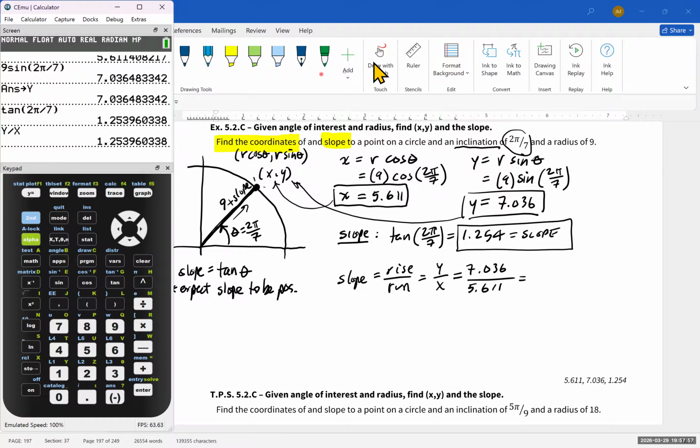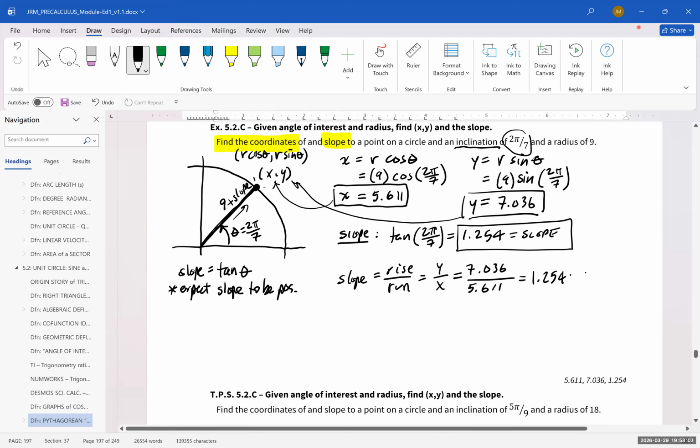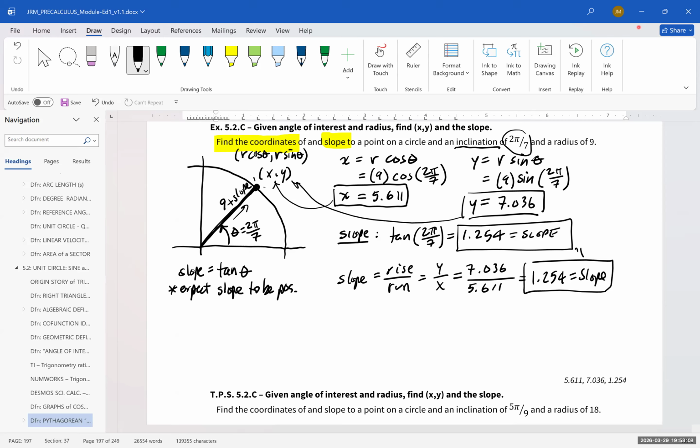And you see I got the same answer, 1.254. We expected the slope to be positive, and that was positive. It's kind of crazy to think that back in the day, this is how you calculated slope, which is correct. But now you can calculate slope by just knowing the angle and using this tangent function. So it's even faster than what you've done before.